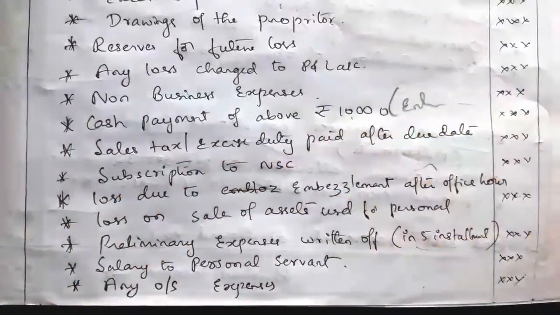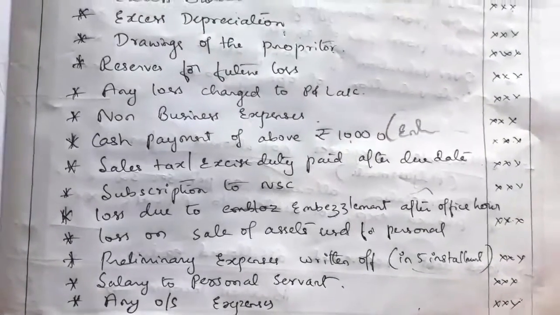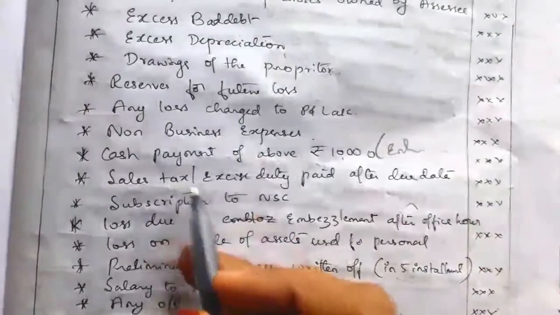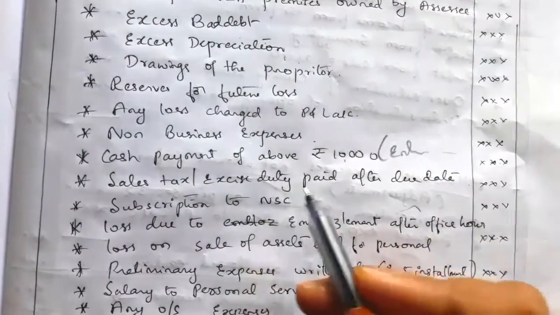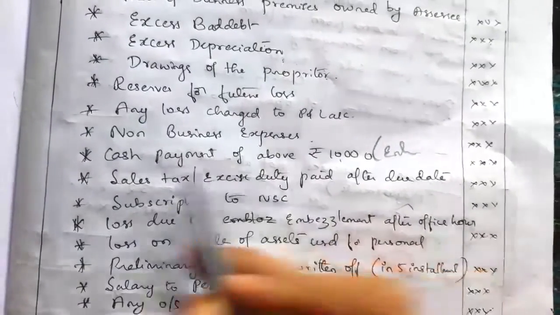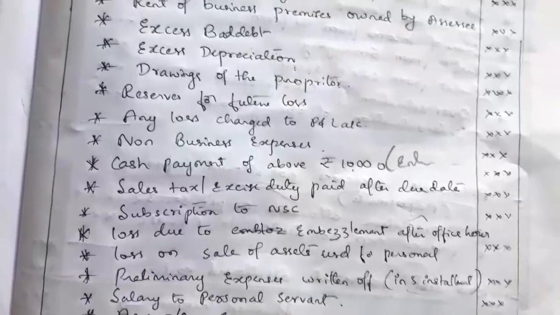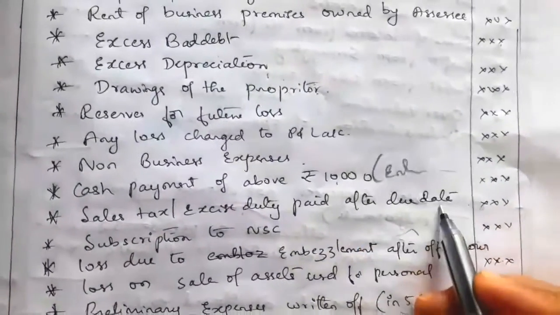Next one is sales tax or excise duty paid after due date. Actually the sales tax and excise duty are allowed. Sales tax is the tax imposed on sale of goods, and excise duty is the tax imposed on the manufacture of goods. At present these taxes are not there; it has been renamed GST. If sales tax, excise duty, GST or custom duty is paid after due date, it is disallowed.